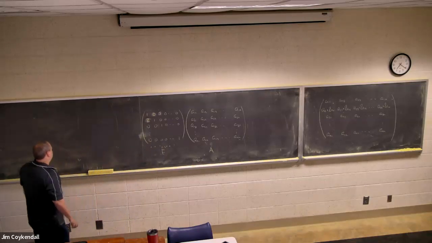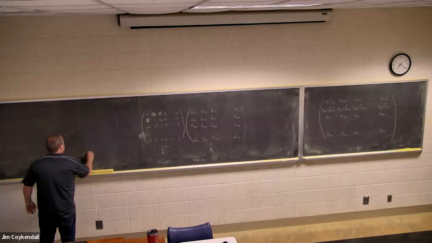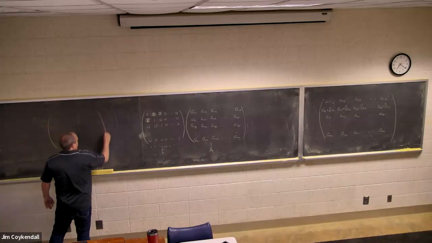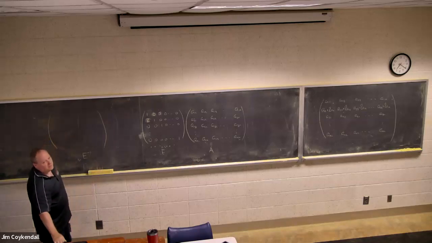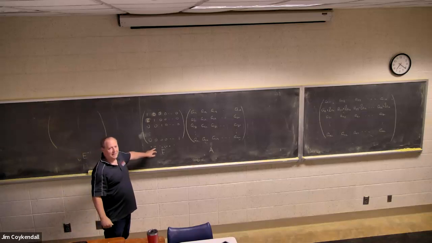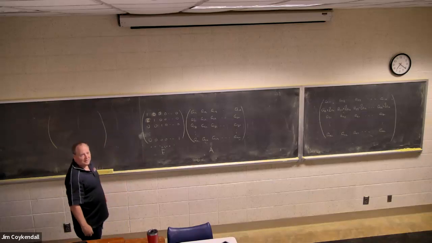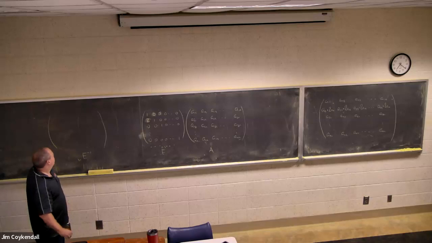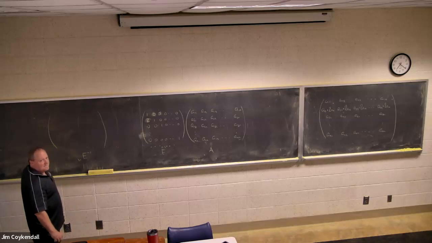In general, it's hard to find an inverse, right? It's a tedious process. But this one's not so bad. Can you tell me what the inverse of this one is? Can you just flip it over, like reflect it?